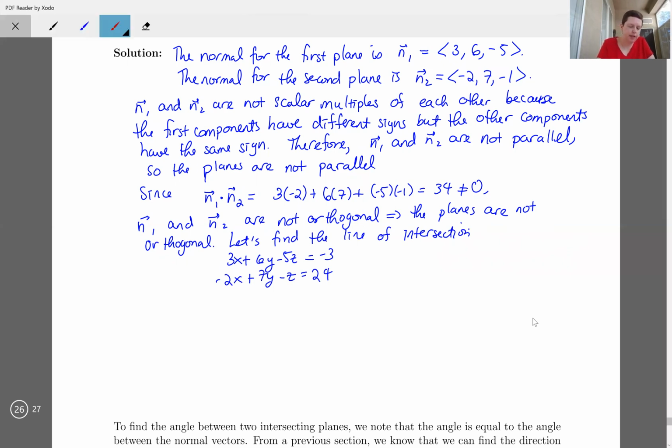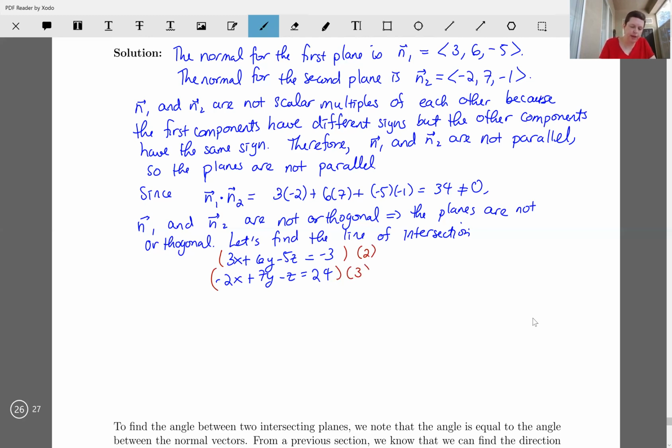To eliminate x, I'm going to multiply the first equation by 2 and the second equation by 3, and then add them together. When I multiply by 2, I get 6x plus 12y minus 10z equals -6. And the second one gives me -6x plus 21y minus 3z equals 21.